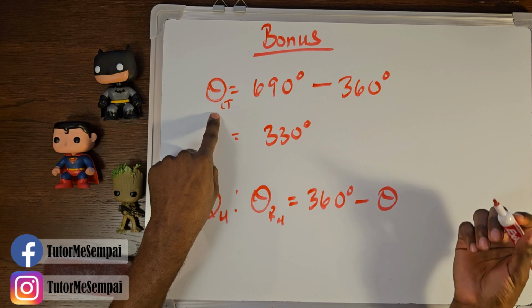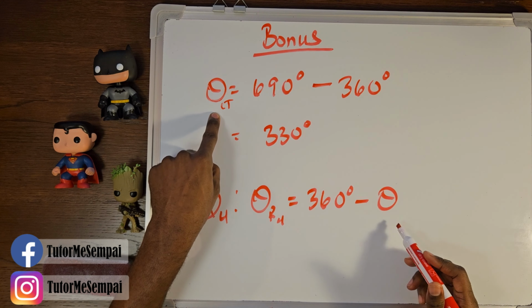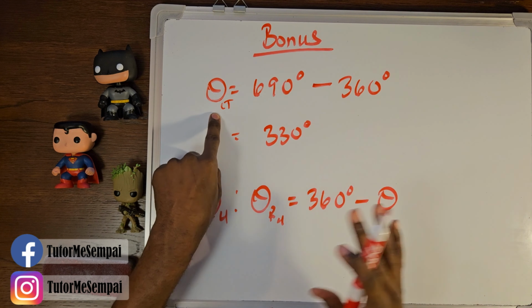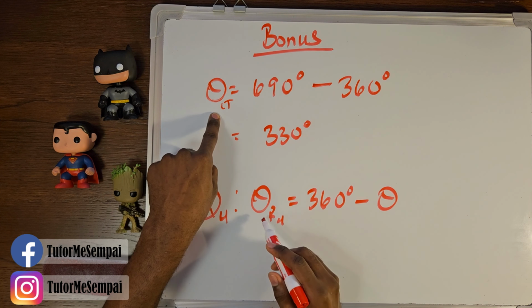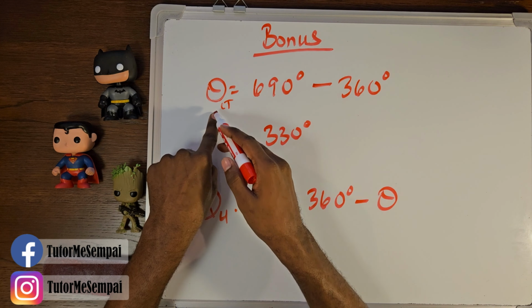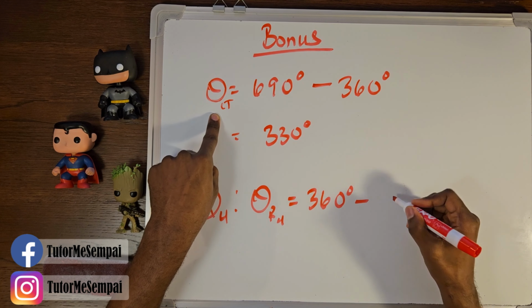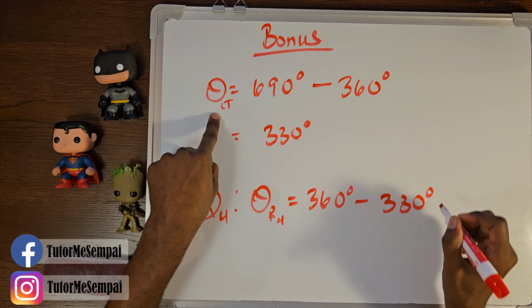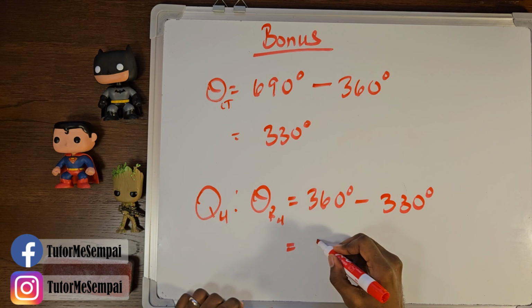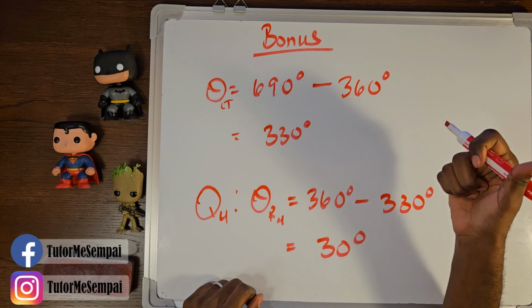However, we're not going to plug in our original theta. That's entirely too big. You can see how that's going to immediately fail. We're going to have a negative theta. It can't be negative for our reference angle. But when we plug in our coterminal angle instead of our original angle, we're going to get 330 degrees here, and this is going to result in 30 degrees for our reference angle, which is both positive and acute.